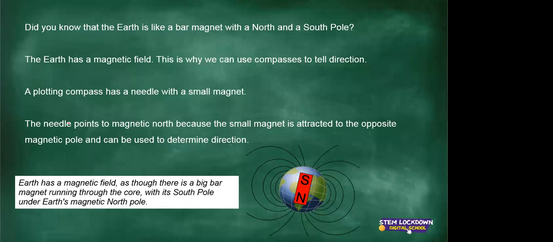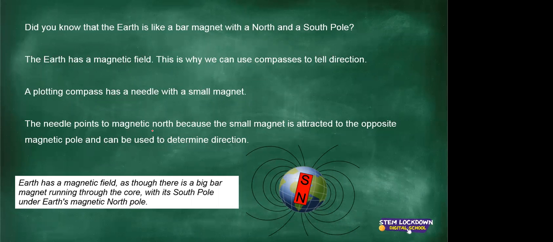When we have a compass, it tells us directions because the Earth has a magnetic field around it. A plotting compass has a needle with a little magnet. I'm sure you've looked at compasses in previous grades, and you would see that they have a small magnet in them. The needle is deflected because of the magnetic field all around the Earth.